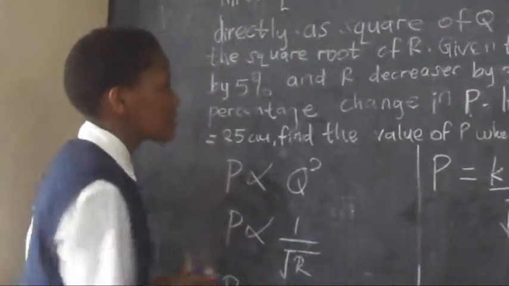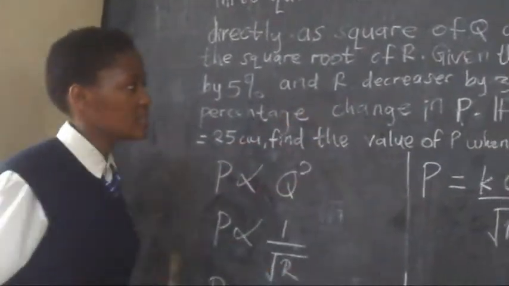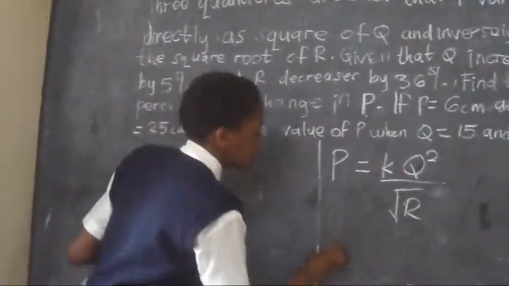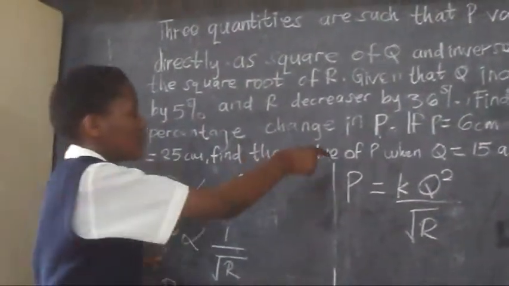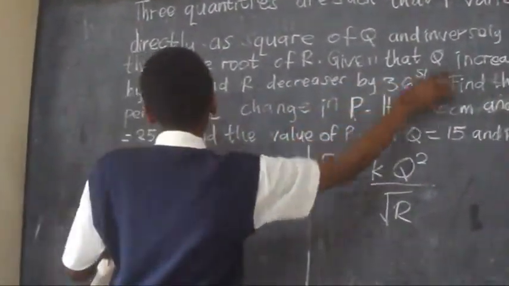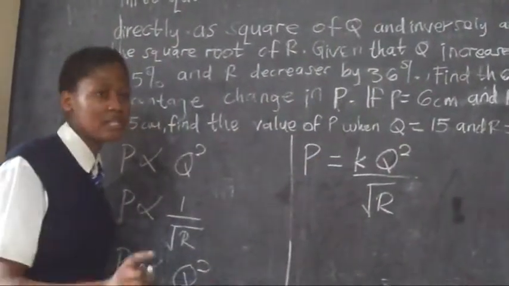And then we've been told that Q increases by 5% and R decreases by 36%. We have the original percentage, which is 100%. Since Q increases by 5%, we get 105%.